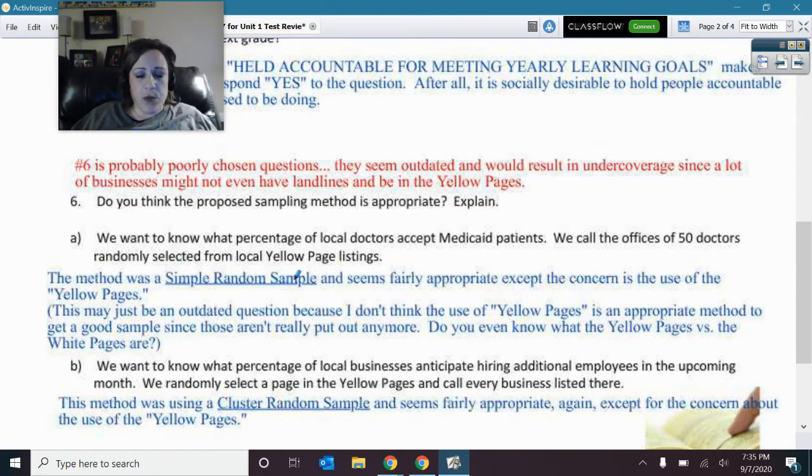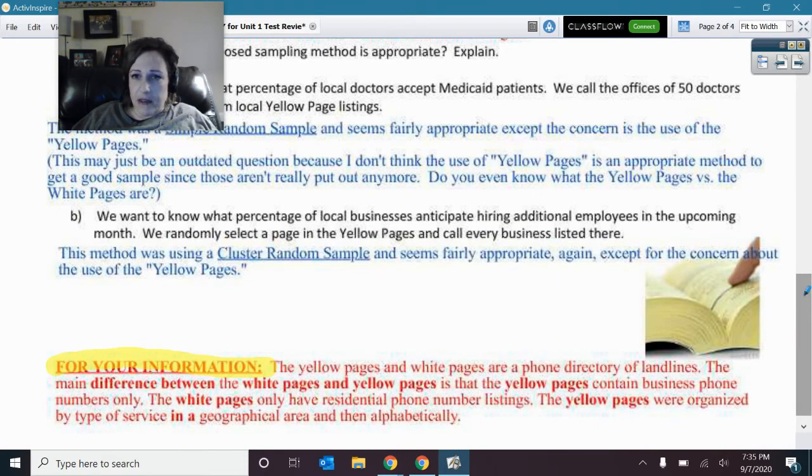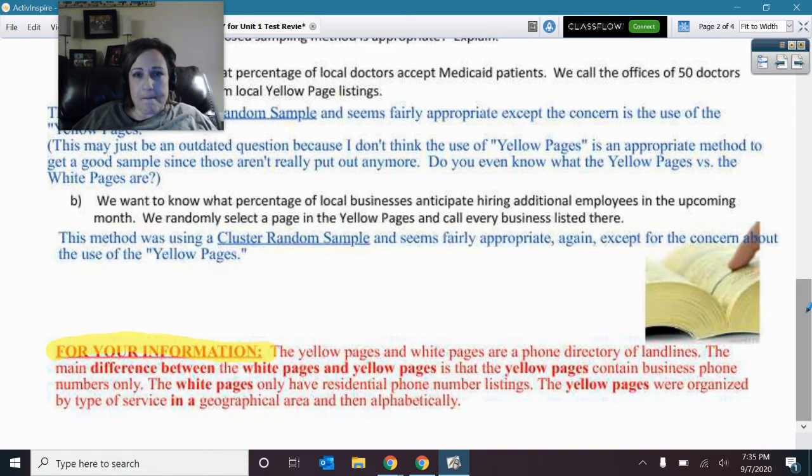So that was a simple random sample. It seems fairly appropriate, except for, again, my concern is the yellow pages. It's just an outdated question. So are we having undercoverage because of people not having landlines anymore, and businesses not having landlines anymore?